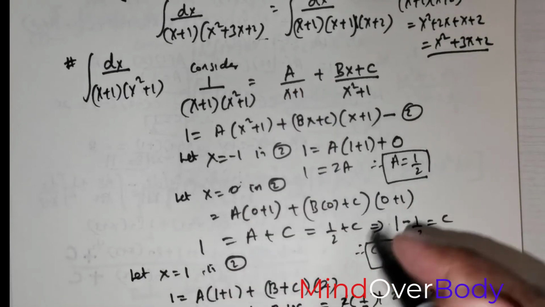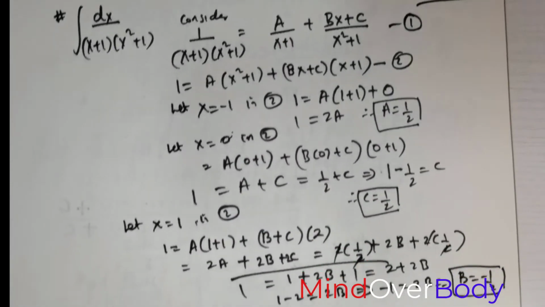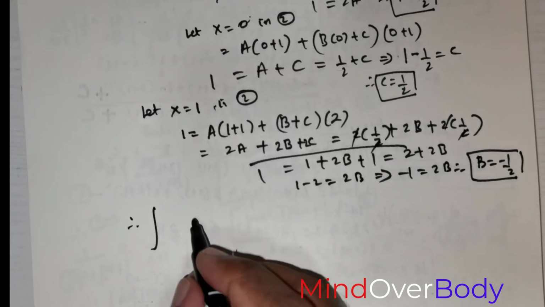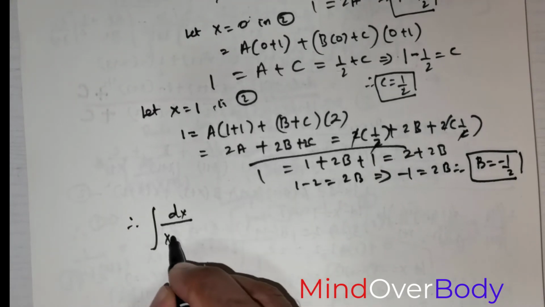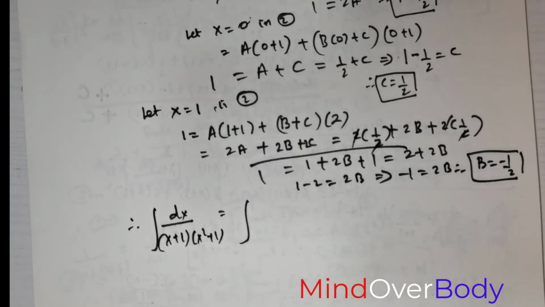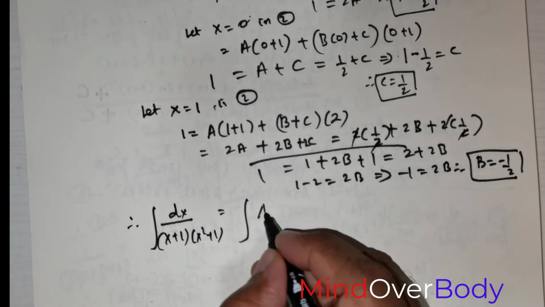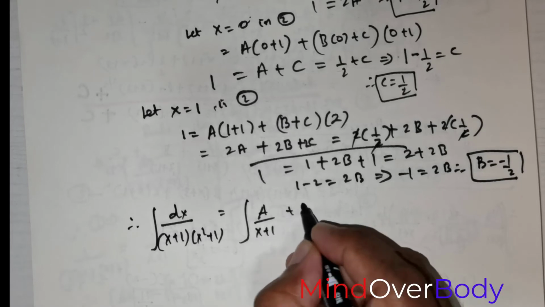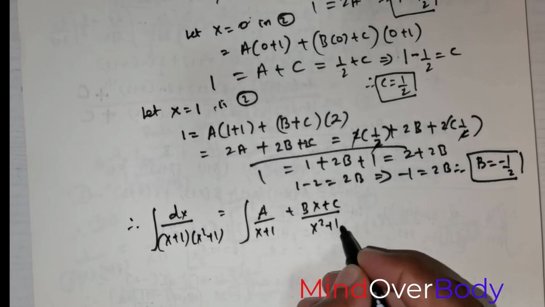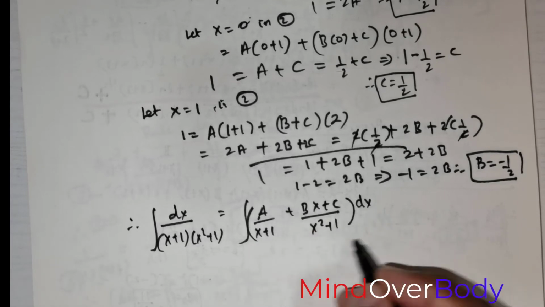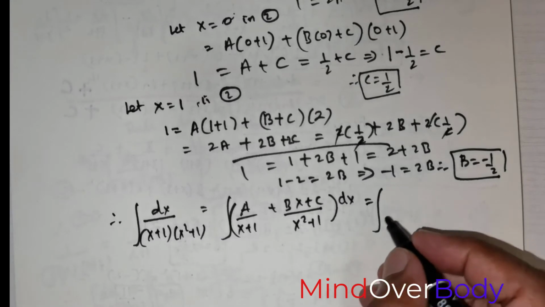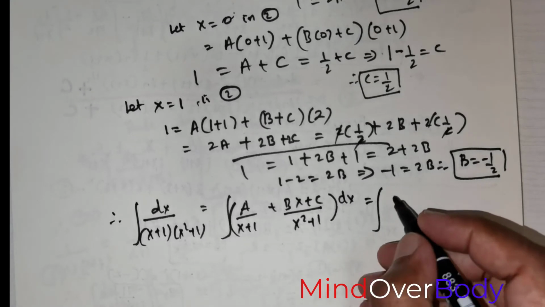I need to substitute it in 1. So the integral which was given to us as dx over x positive 1 times x squared positive 1, which has been rewritten as a over x positive 1 positive bx positive c over x squared positive 1 times dx, has now been rewritten with the values of a, b and c.